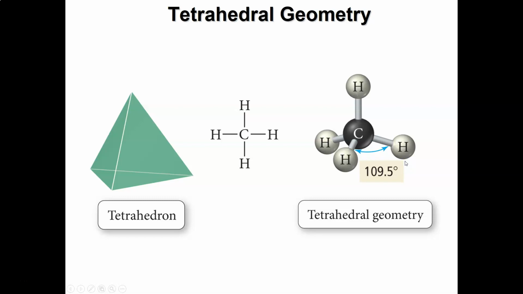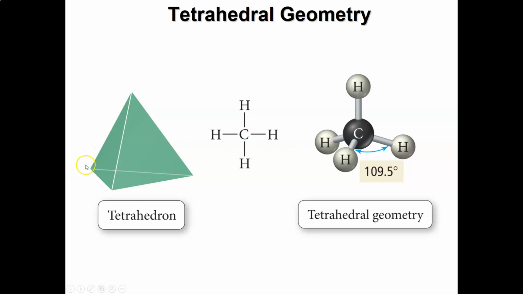The next one is tetrahedral geometry. This is such a good example of when the Lewis structure looks very different than the actual 3D VSEPR structure. I don't know if you took geometry, but you would be familiar with a tetrahedron. The base of this little pyramid is like a triangle, so we would have one atom on each of these corners.